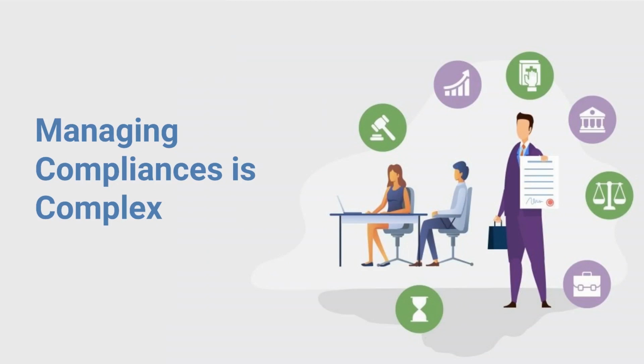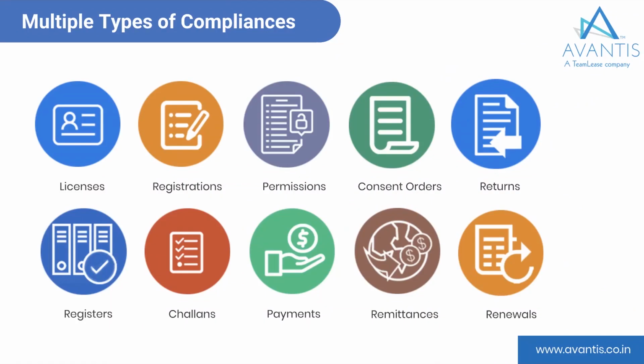I'm sure a number of you on the call today will agree with me that managing compliances in India is complex. Let's see what are the various parameters of this problem. Let's first lay some groundwork here. What are the types of compliances? As you can see, I have depicted some examples that we are all familiar with.